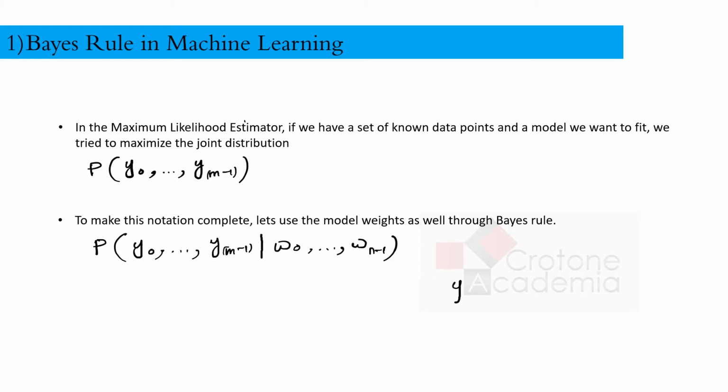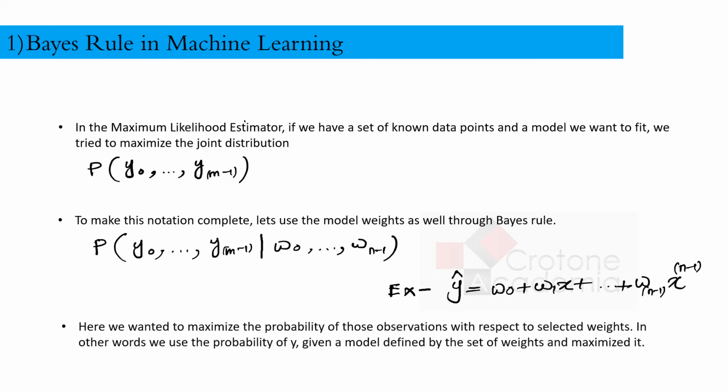This model can be anything. Let's assume it is a linear model, then we can write y equals w0 plus w1 x up to wn minus 1 x to the power of n minus 1. So we can call this the probability of y given w.